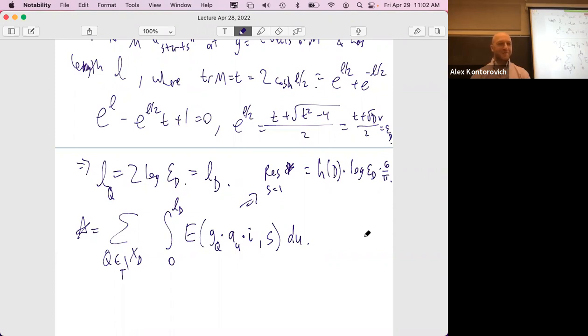So far, so good? I'm a little bit confused with the last thing. This should be a function of z, right? If we're going to find the residue, a function of s. Okay, so this is a function of s. It does not depend on z: I'm integrating over u in a compact integral, and I'm summing over q in a finite sum.